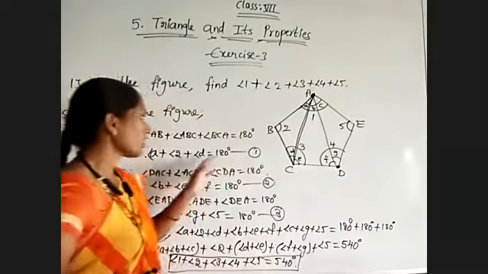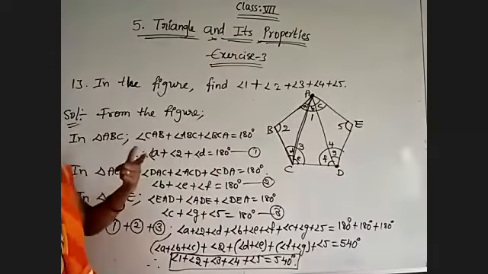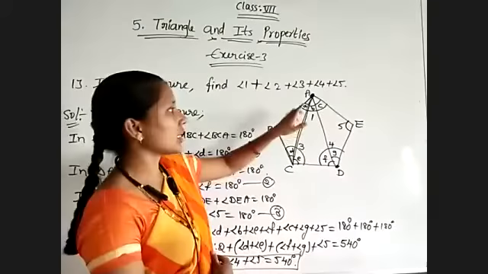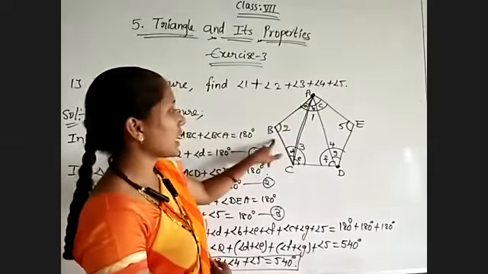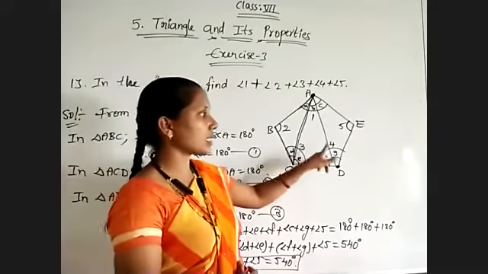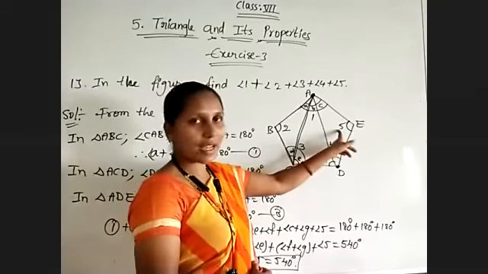Now, from the figure it is very clear that, as per the question, they have given angle A is 1, angle B is 2, angle C is 3, angle D is 4, and angle E is 5.